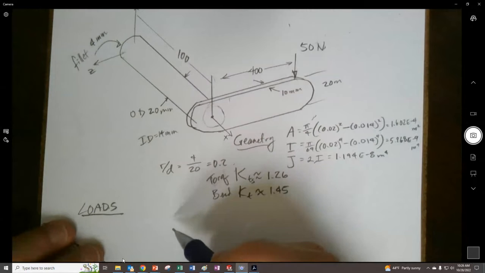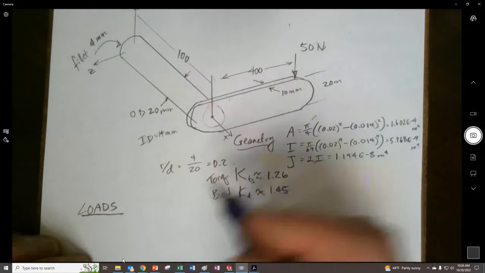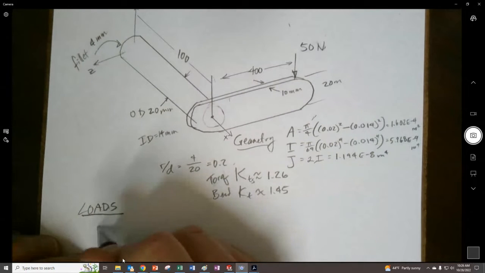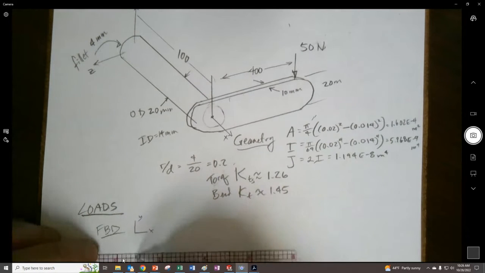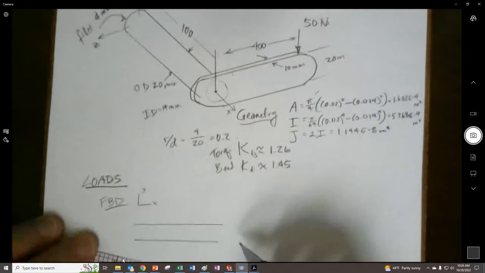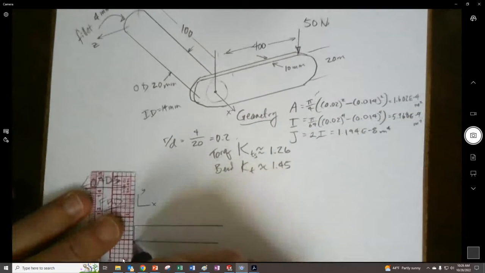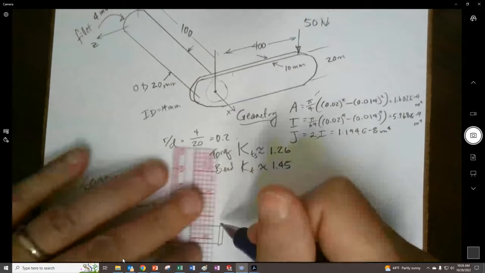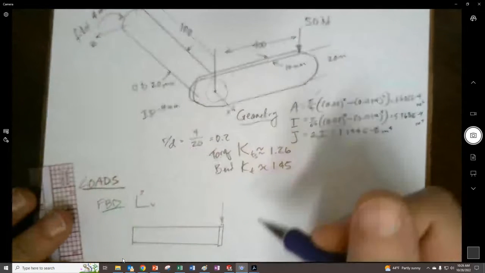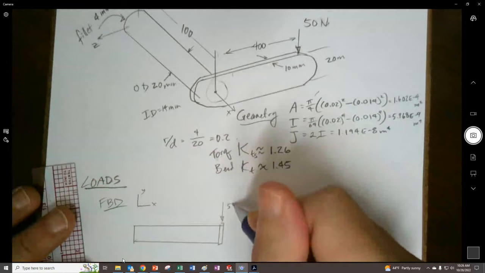All right, let me just proceed. I like to go X and Y first, so an FBD in the X and Y. Because there's only really one load on it, this is sort of just an exercise in making sure that we're doing the correct routine, right?